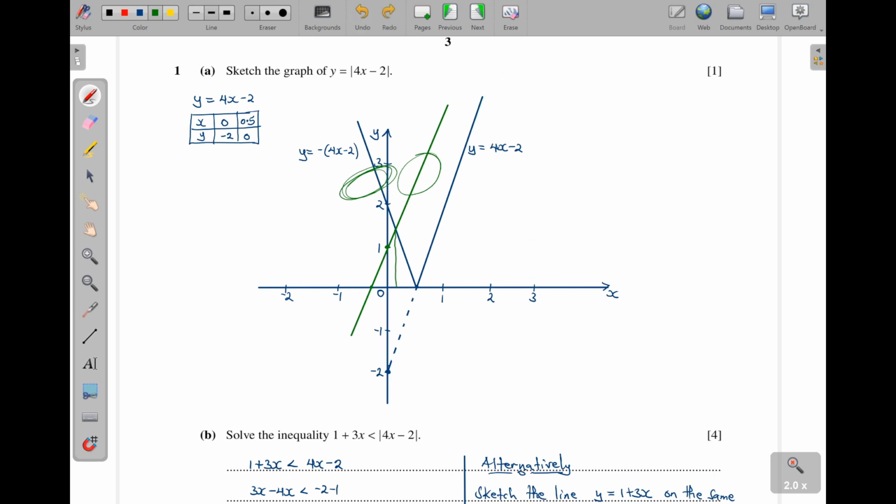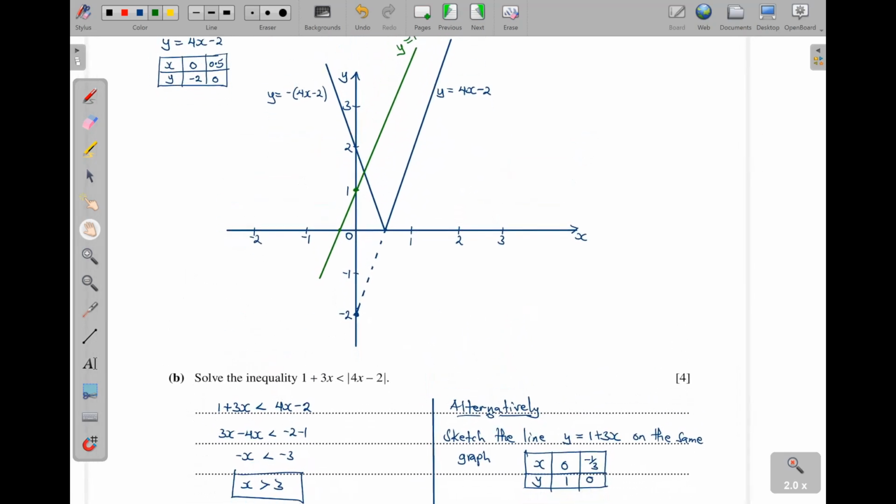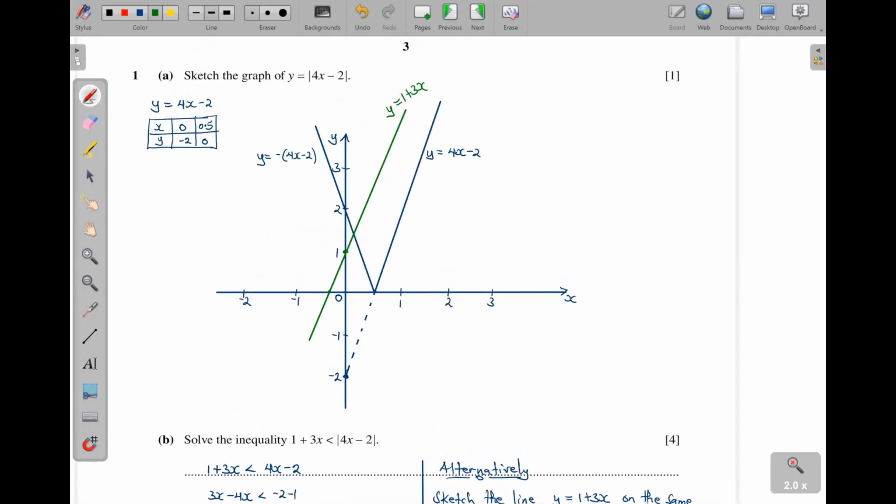Having identified that, now we can proceed and say, let me actually label this one here. This one is y, which is equal to 1 plus 3x. Now I'm going to take these two here. They are already intersecting.